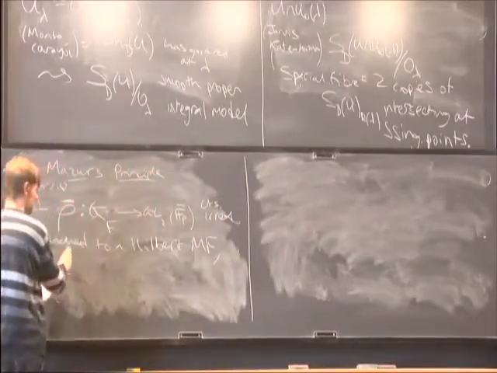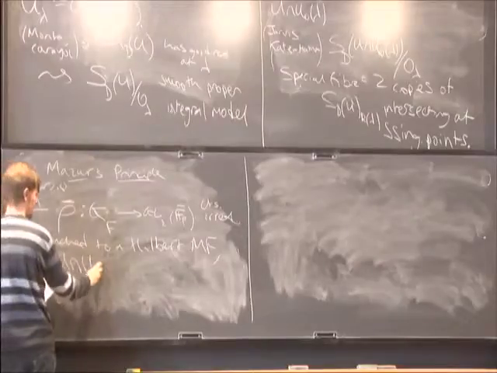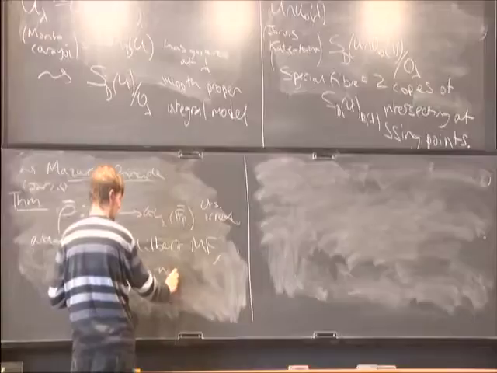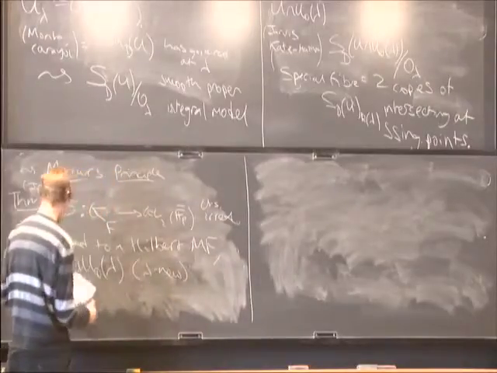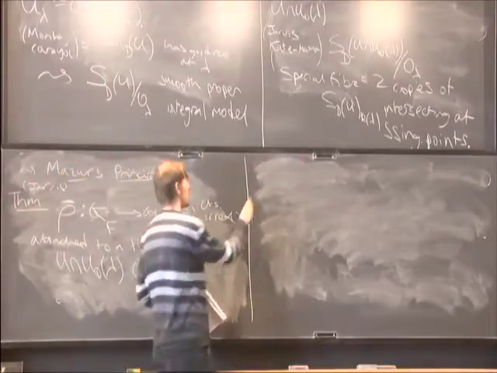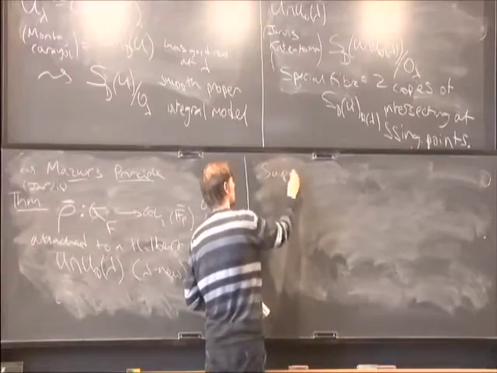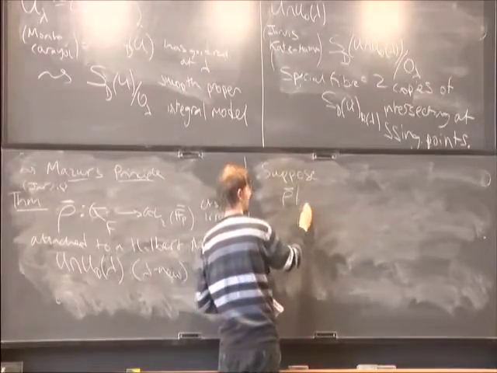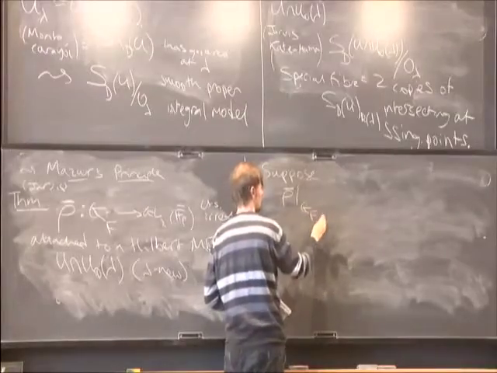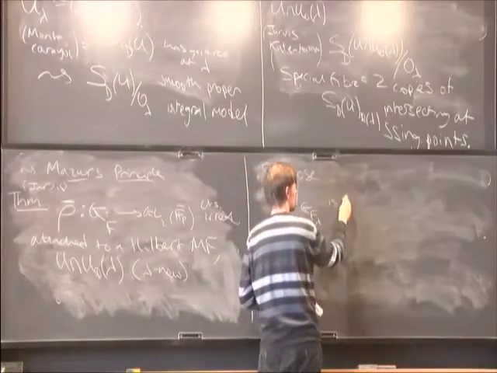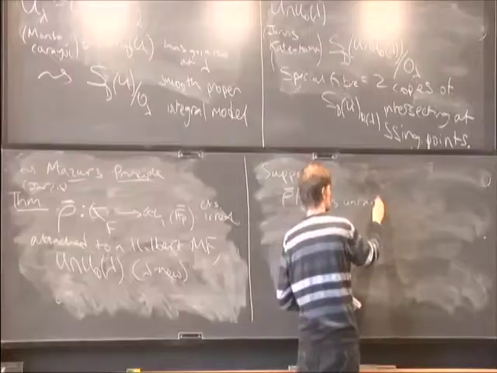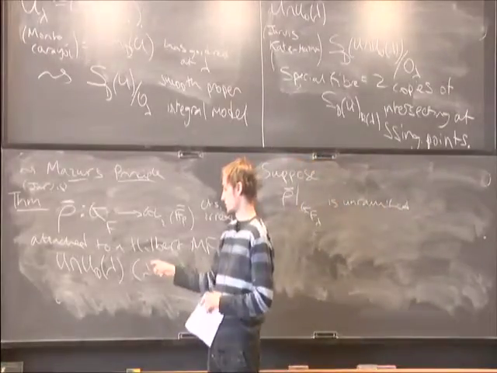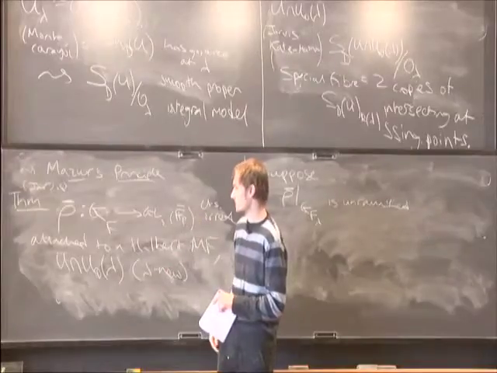Say with level U intersect U naught lambda. If you want, you can assume that Hilbert modular form is lambda new. And suppose rho bar restricted to a decomposition group at lambda is unramified. So the characteristic 0 representation attached to this Hilbert modular form won't be unramified.